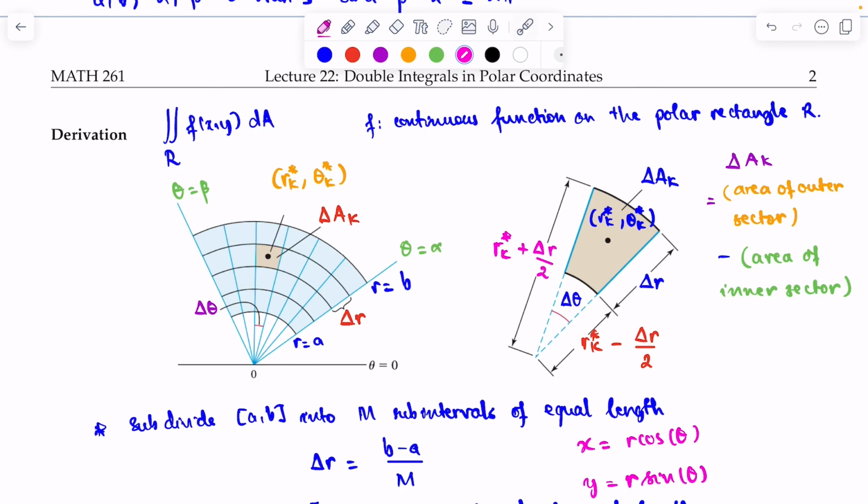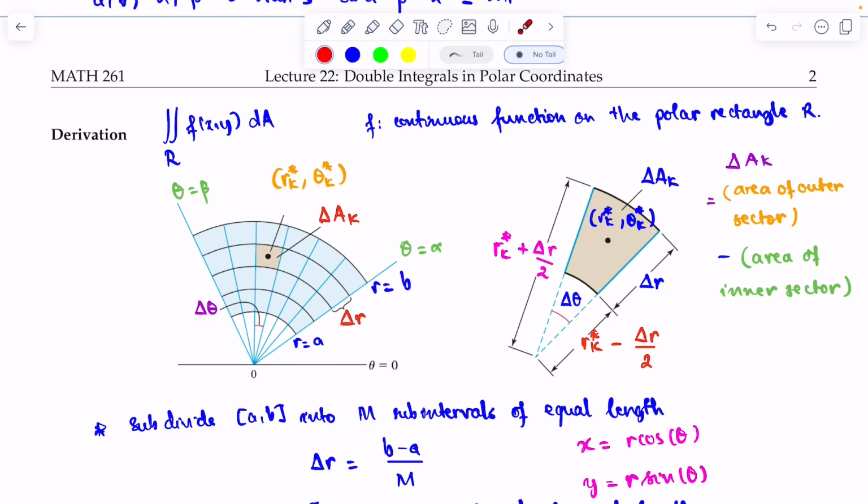We have these values because of the way we choose the point r_k, theta_k. Again, the point is chosen in polar coordinates so that the outer arc of the polar rectangle has the radius r_k plus delta r divided by 2, and the inner arc has the radius r_k minus delta r divided by 2.